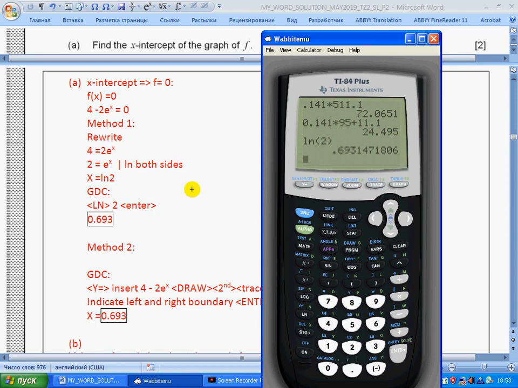Another method is to draw the function, so insert the function.